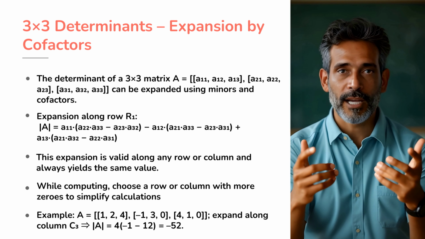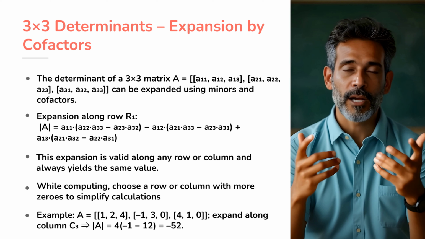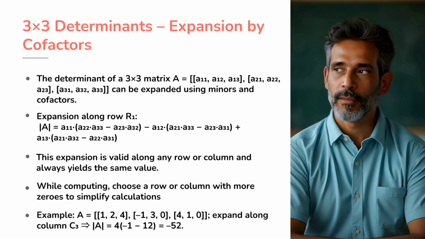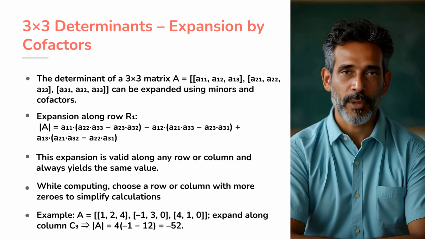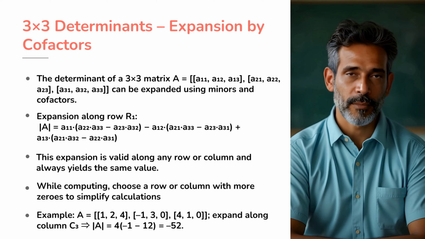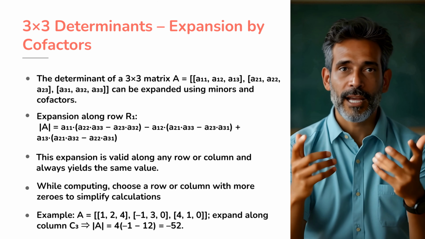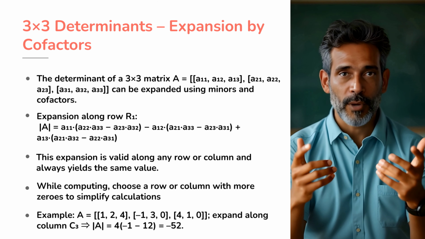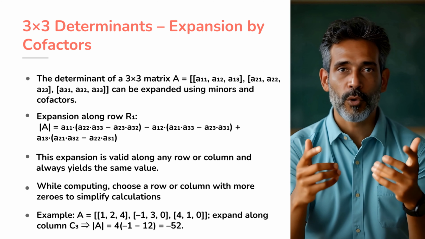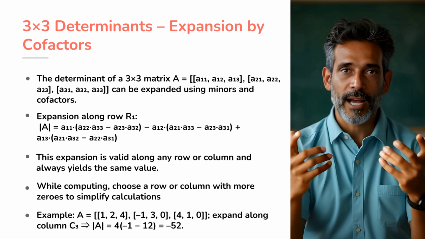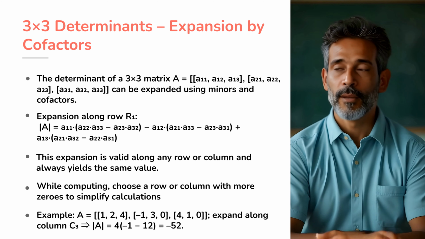The beauty here is you can expand along any row or column and you will always get the same answer. In practice, you should pick the row or column with more zeros to save time. Example, let's take A equals [[1, 2, 4], [-1, 3, 0], [4, 1, 0]] and expand along the third column.